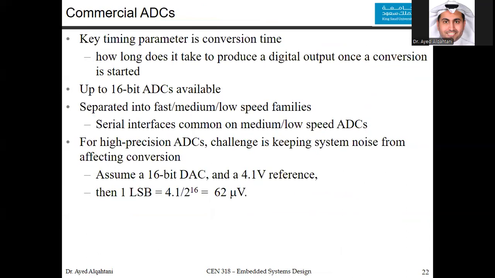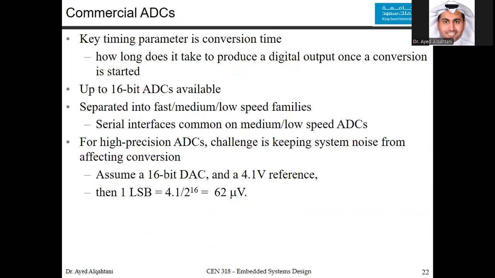Now for the commercial ADC, there is a key timing parameter, which is the conversion time. We should be aware that the conversion time is very important, and this is why we should choose the successive approximation. The conversion time is how long it takes to produce a digital output once a conversion is started.